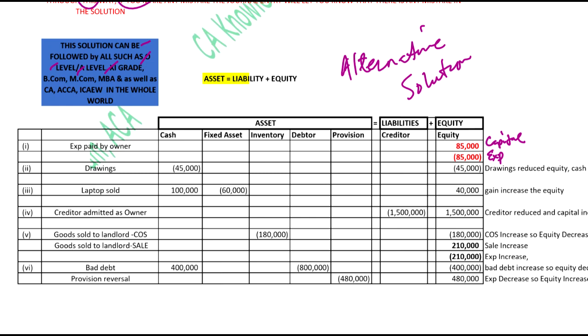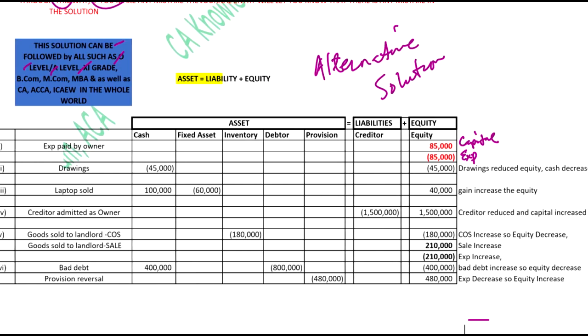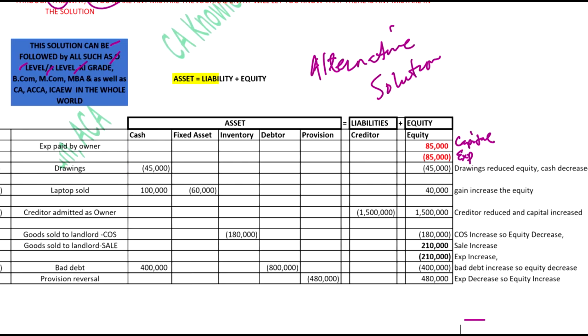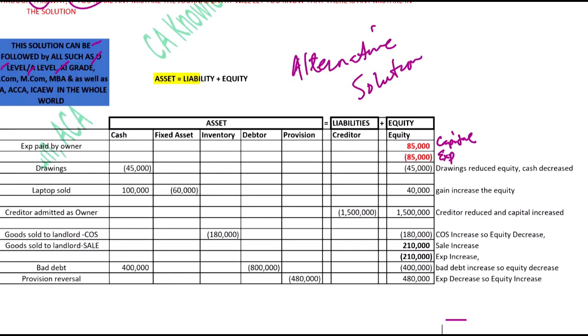On the other hand, drawings, second adjustment, payment of 45,000 made for repair of the owner's personal vehicle. This is what I was telling. When drawings came, drawings reduced equity. Cash also decreased.